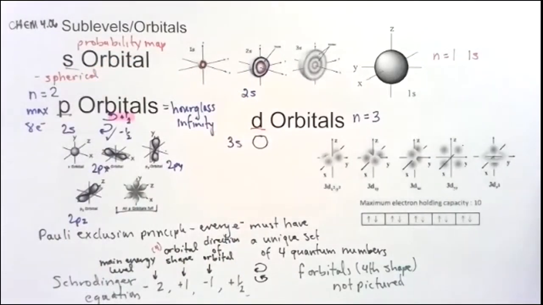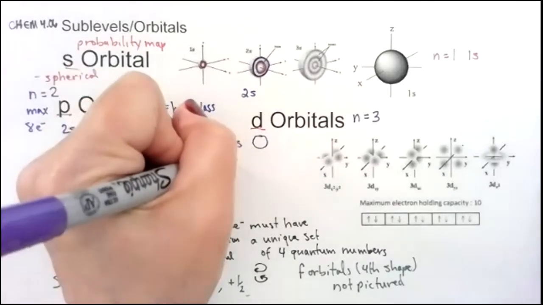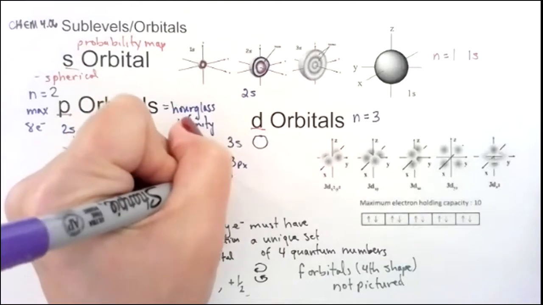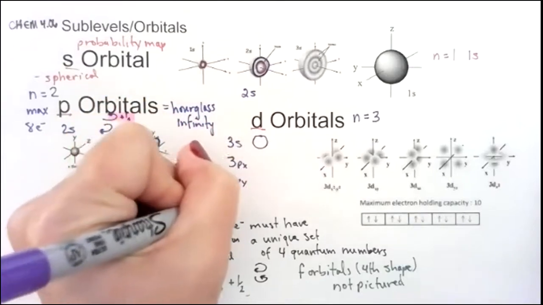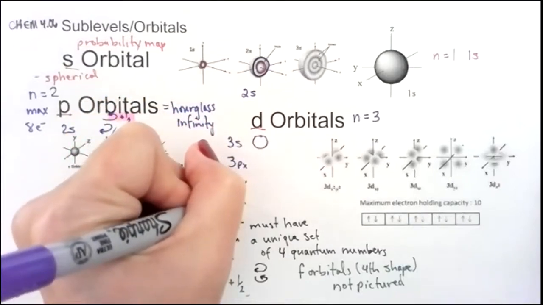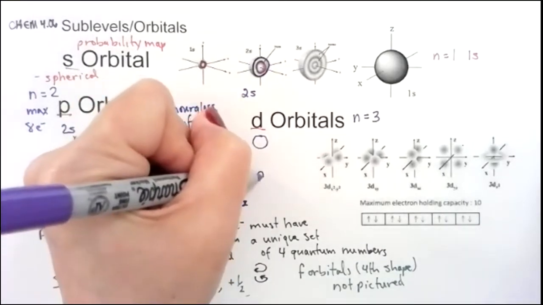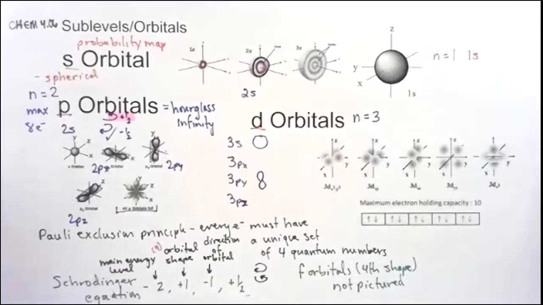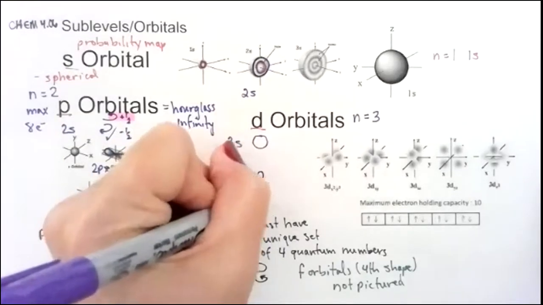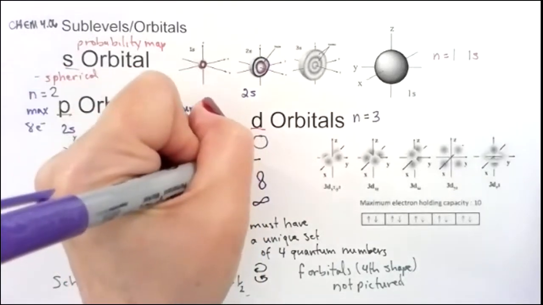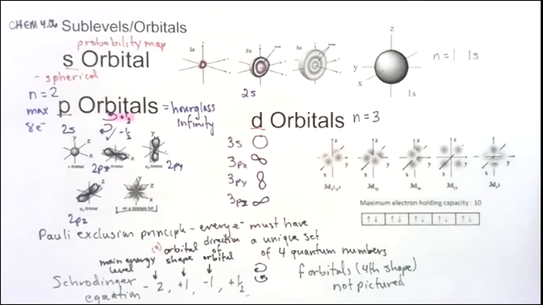And then I have p orbitals in n equals 3. I have 3px, I have 3py, and I have 3pz. And they would have the same orientations as what we saw over there.